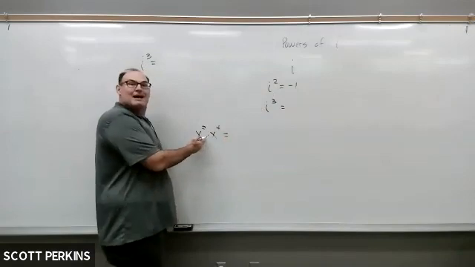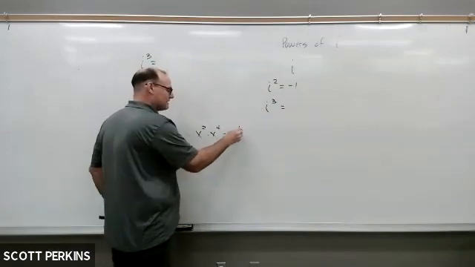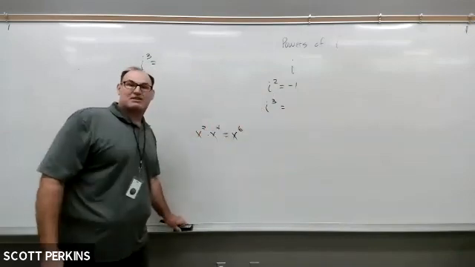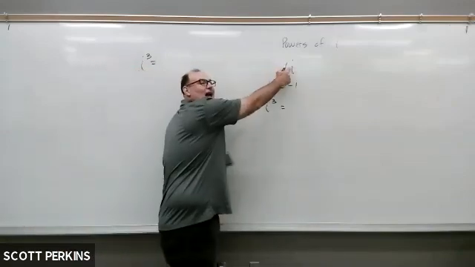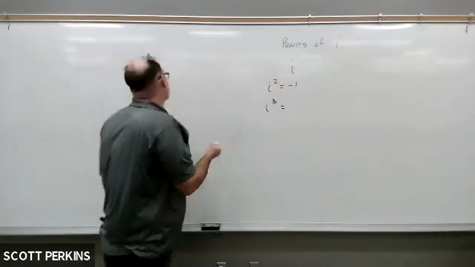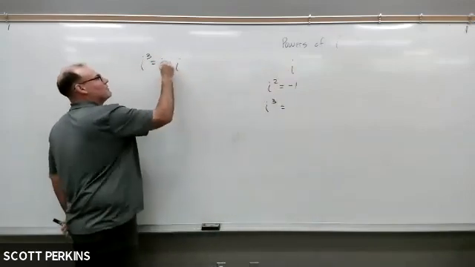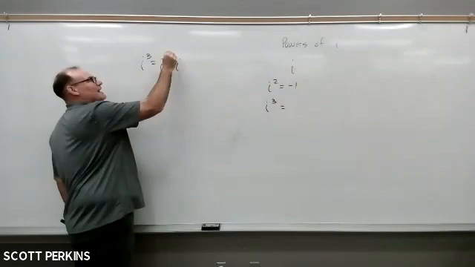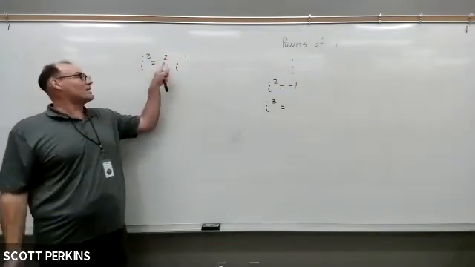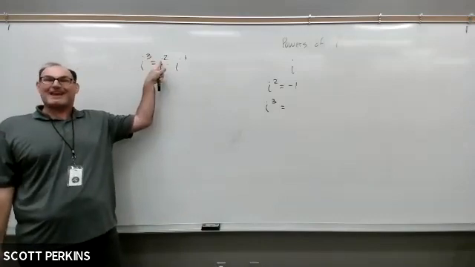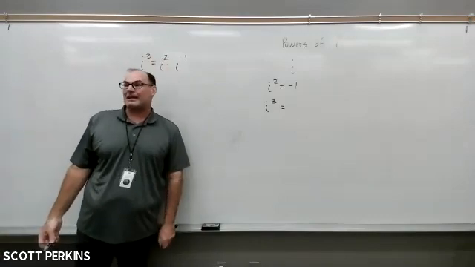So x to the second times x to the fourth would be x to the sixth. 2 plus 4 is 6. So here we go. I know what i to the first is. I know what i to the second is. So I'm going to write i to the third as i to the second times i to the first. 2 plus 1. What's 2 plus 1? It is 3. Yes, 3.